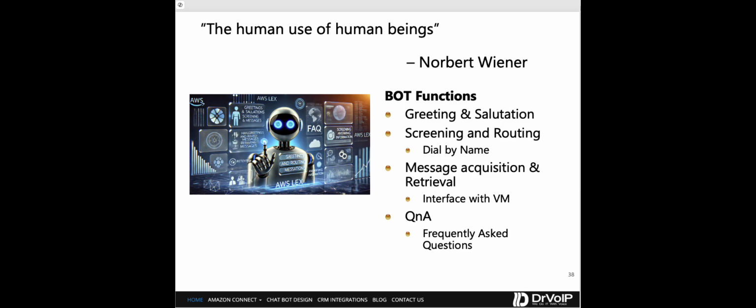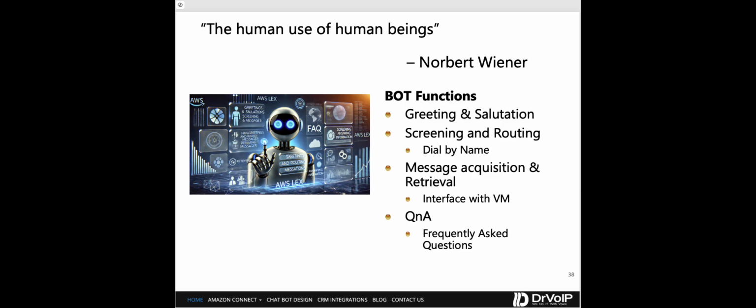And so what we're going to do here is build a robot receptionist using AWS Amazon Connect as the client, but we want someone to answer the phone and do the kinds of things that a human receptionist might do. We need the bot to provide a greeting and a salutation.